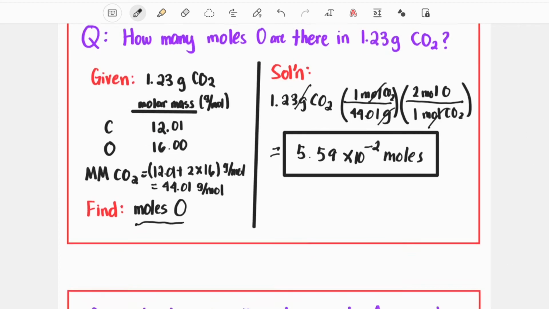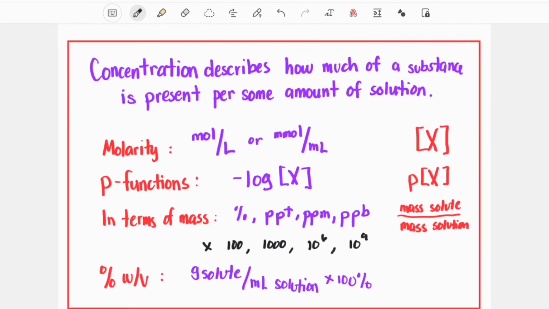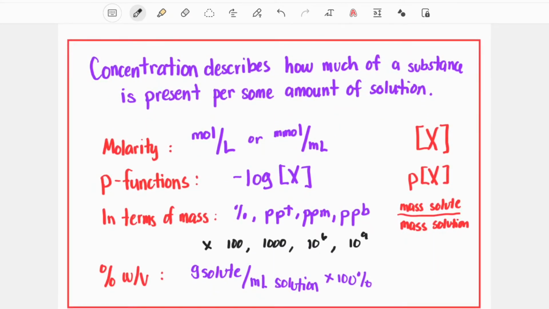concentration. As a review, concentration describes how much of a substance is present per some amount of solution. The most common unit of concentration is molarity. So in this case, molarity describes how many moles of solute there are per liter of solution. That's equivalent as well to millimoles of solute per ml of solution.